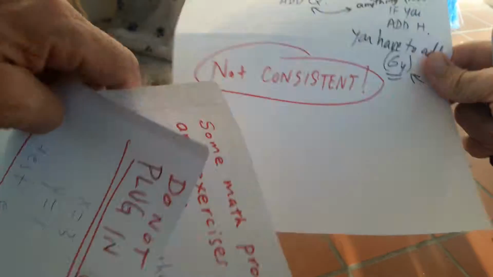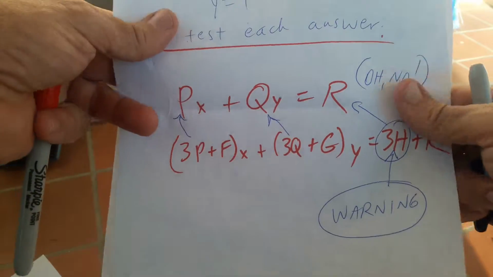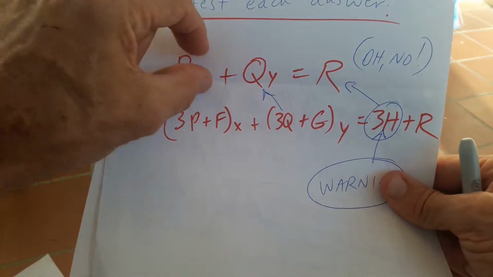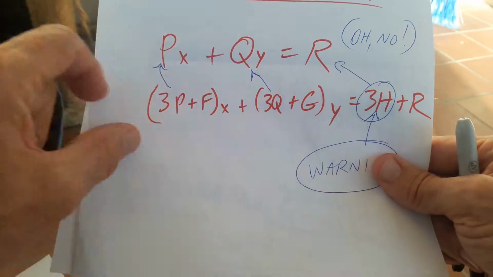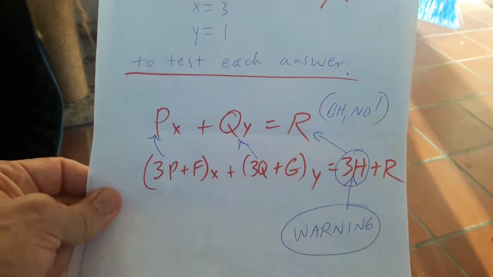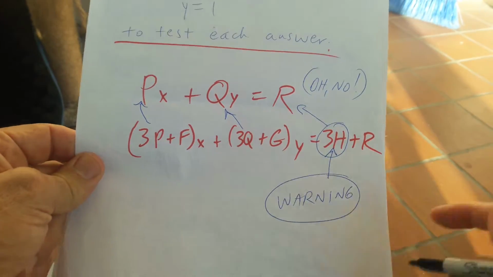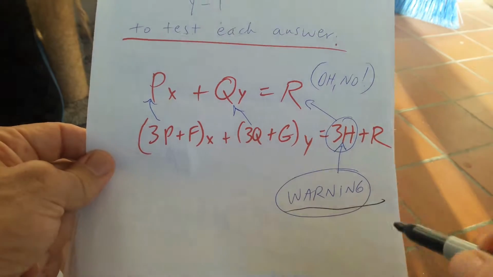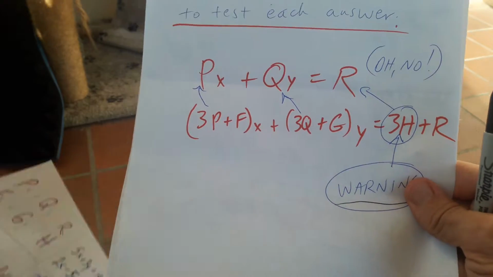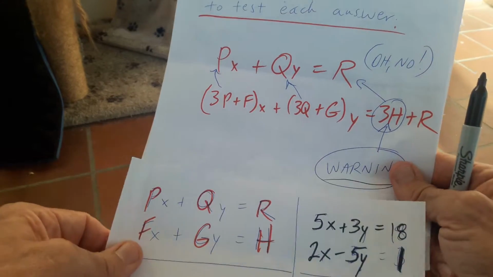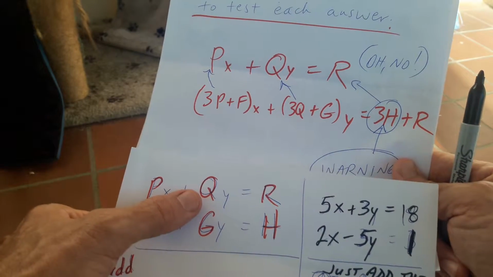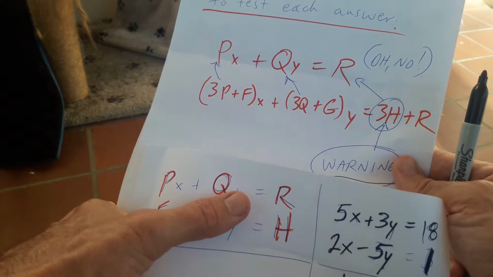not consistent. So, one of the choices is, what happens if we have this line and this line? Will they also produce 3, 1? And this is, look at the warning. They took the original, here's the original, and they multiplied the P by 3, the Q by 3, and the R by 3.